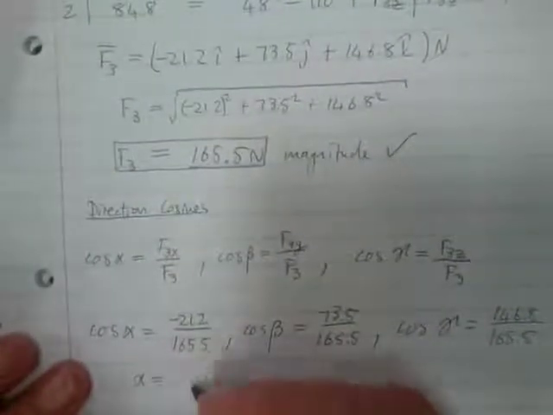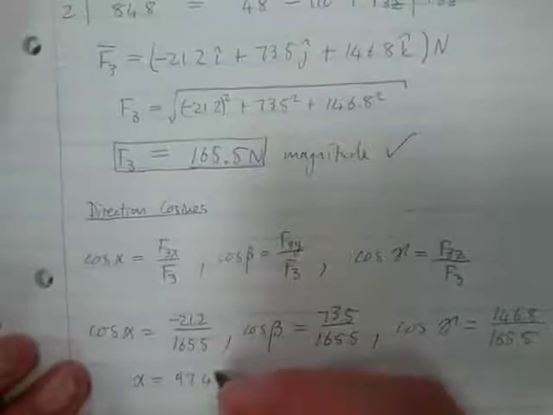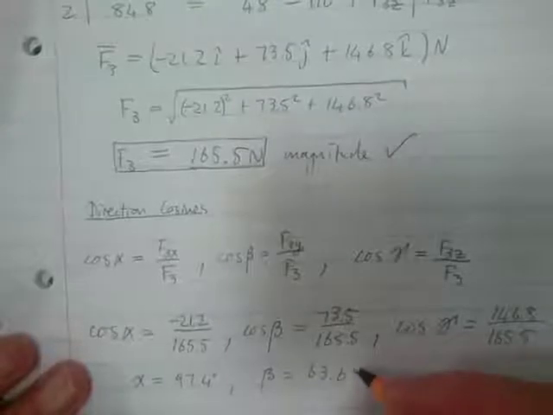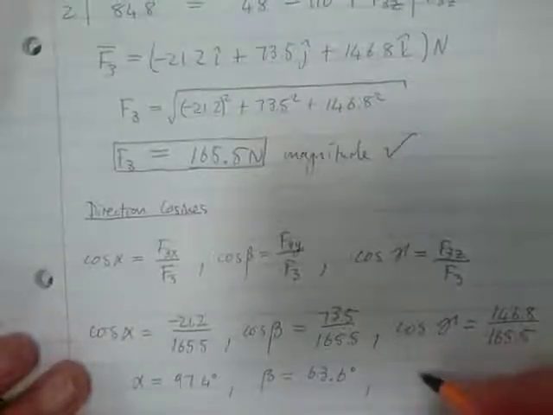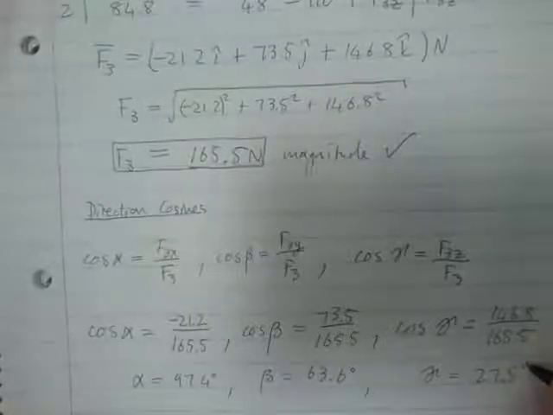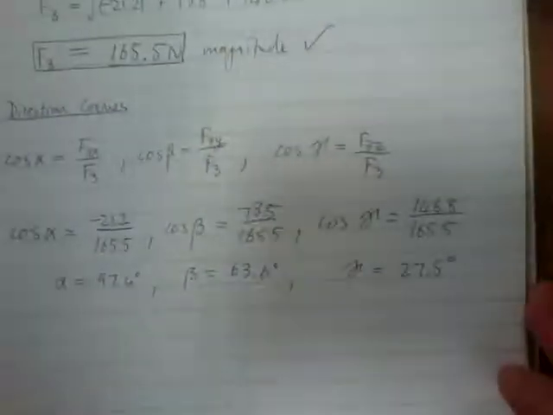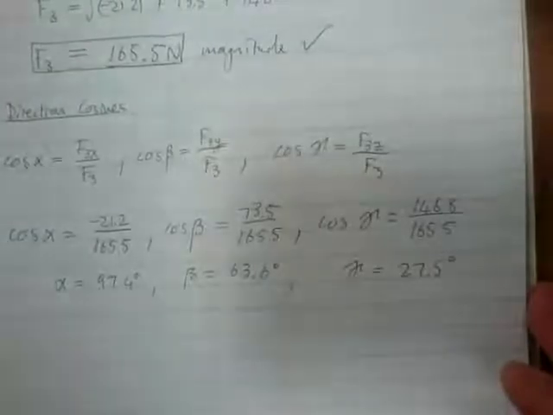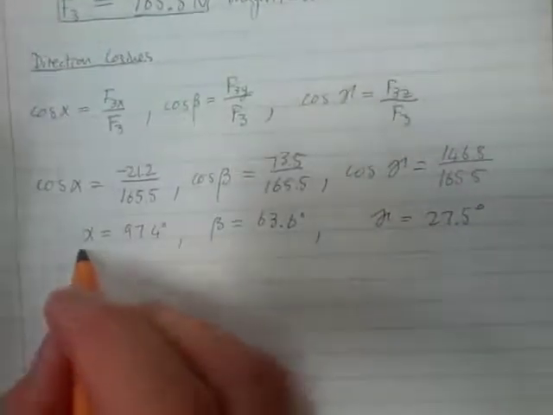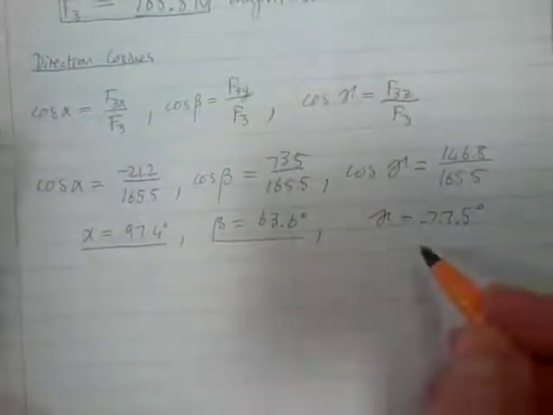Alpha then gives us 97,4 degrees. Beta gives us 63,6 degrees. And gamma gives us 27,5 degrees. So we have our magnitude, 165,5, and our three angles.